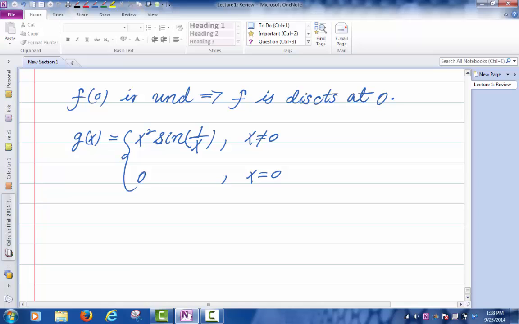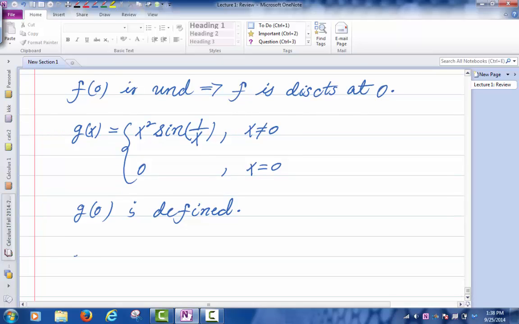Well, now g of 0 is defined, because g of 0 is 0. But then I have to check whether the second condition of continuity is satisfied for this function to be continuous at 0. I have to look at the limit at 0 and see if it is the same as the value of the function at 0, right?